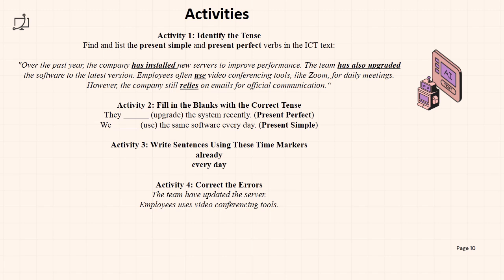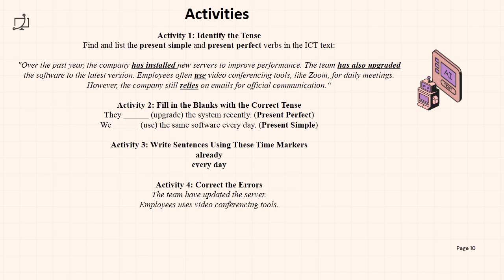For better understanding, here are some activities that you have to complete. In the first activity, you have to identify the tense of verbs in the following text. I have already underlined the verbs, so you just have to identify the tense. In the second activity, you have to fill in the blanks with the correct tense.